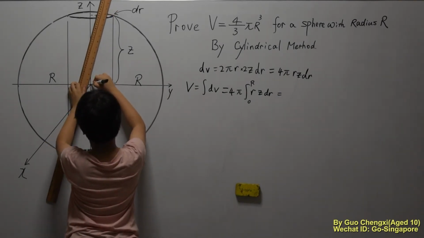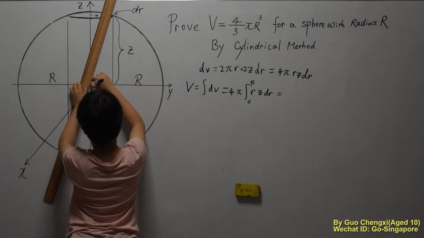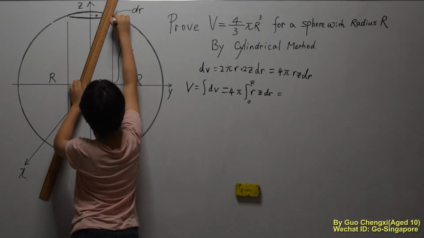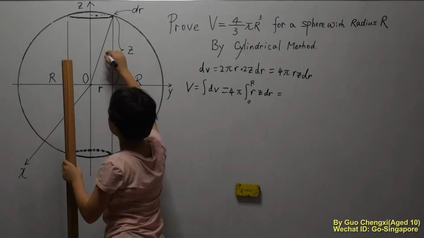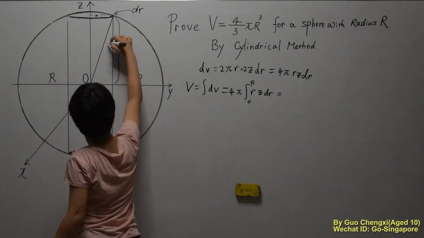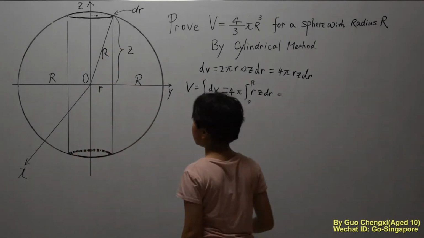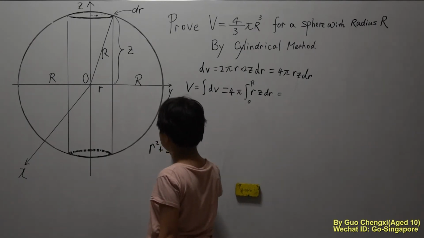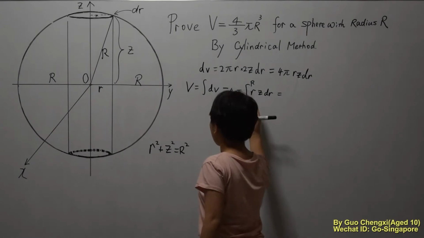But if you draw like, wait a moment. If I realize what is this? This is basically capital R. Have you realized it? So using the Pythagoras theorem, r squared plus z squared is capital R squared, right? So now what is z?